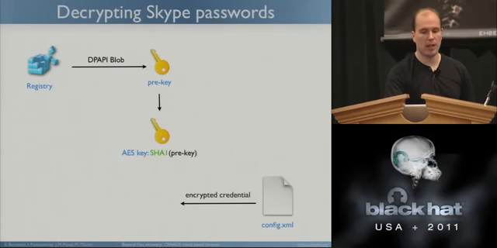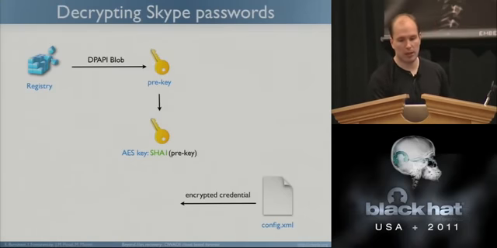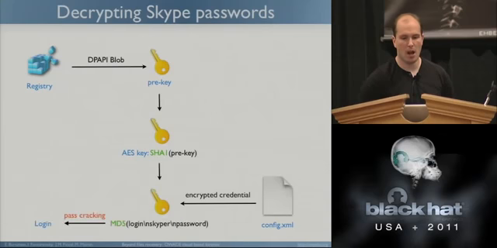From that, you can get the encrypted credentials which are in the config file, and then you think you're done. Well, that's where the problem starts: the credential you decrypt is actually the MD5 of the string: the user login, \nSkyper\n, the user password.